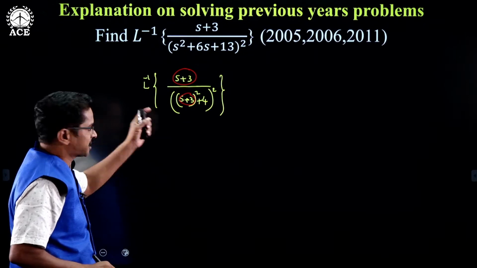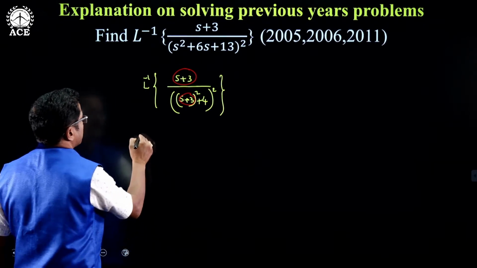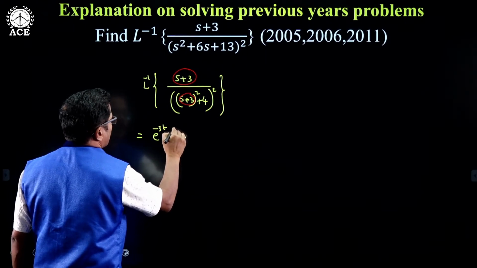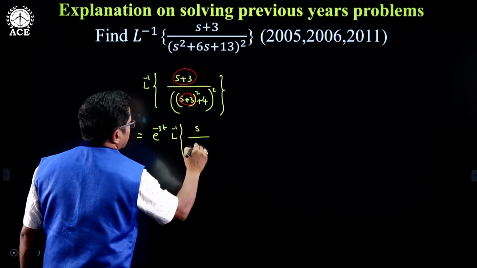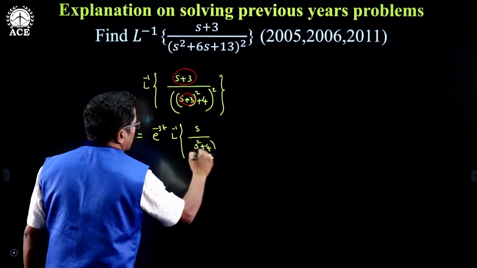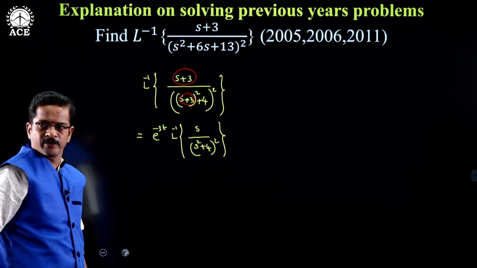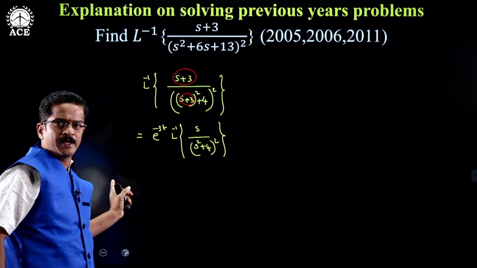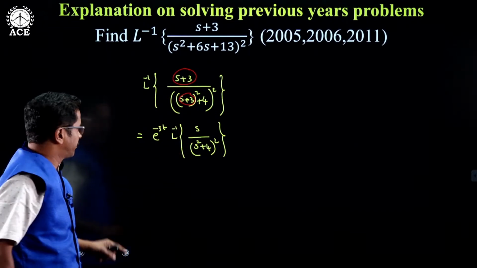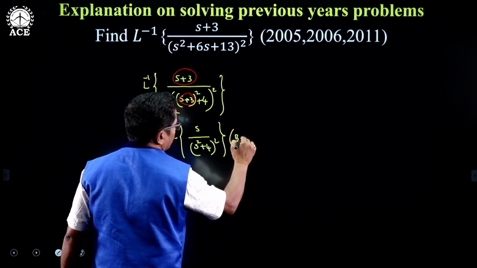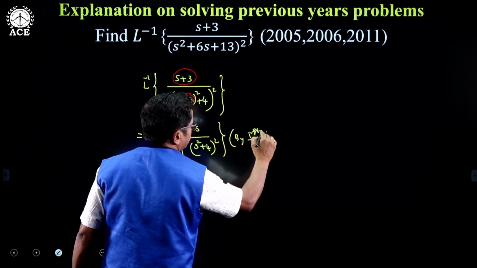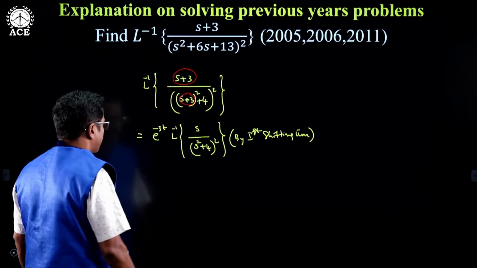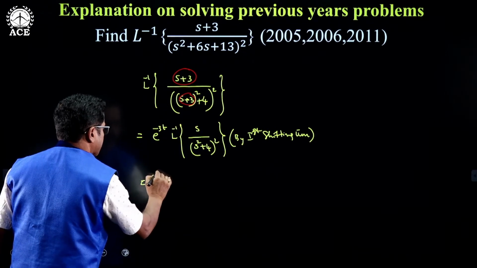the first shifting theorem property, which is equals to e power minus 3t L inverse of s by (s square plus 4) whole square. First shifting theorem property I have applied, where s plus 3 shifted to s by taking out e power minus 3t. Now which is equals to e power minus 3t.